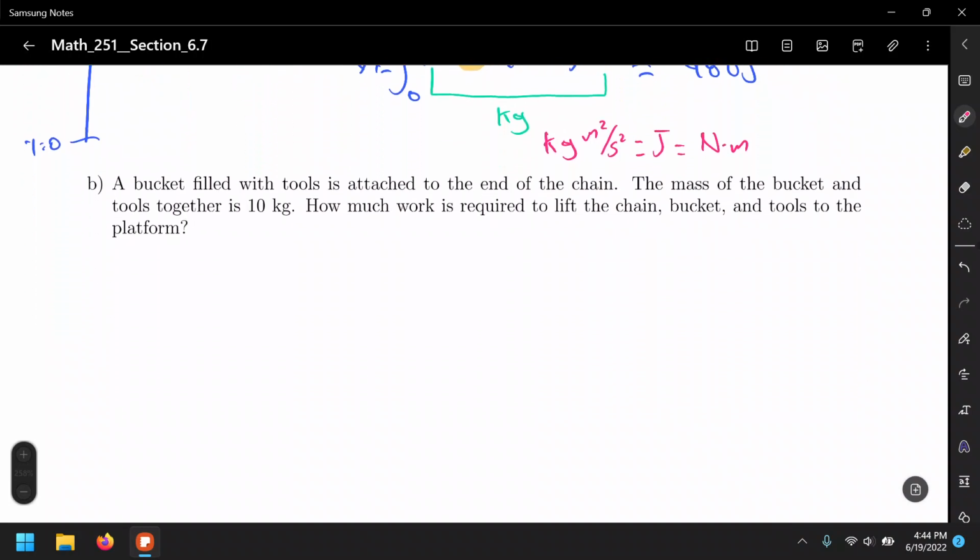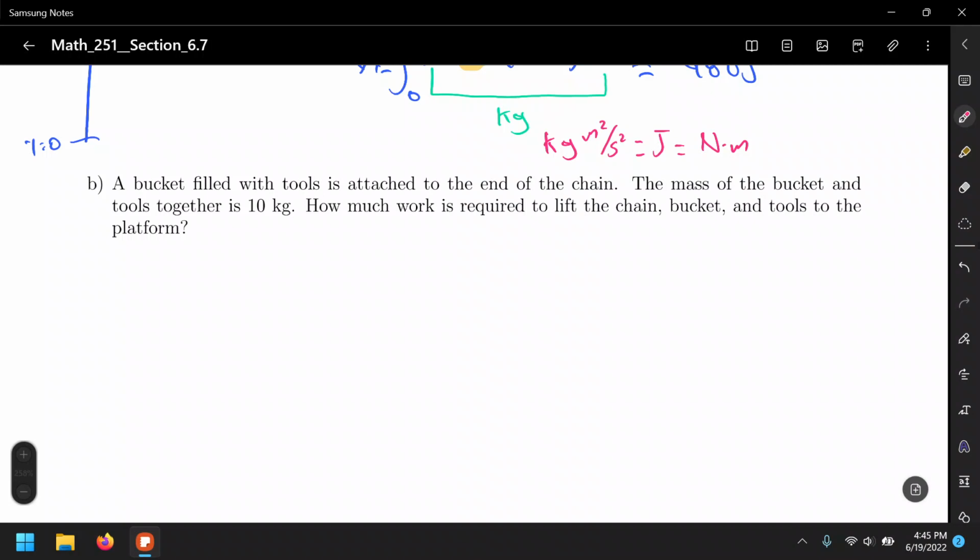Okay, a bucket filled with tools is attached to the end of the chain. The mass of the bucket and the tools combined is 10 kilograms. How much work is required to lift the chain, the bucket, and the tools to the platform, 10 meters above?